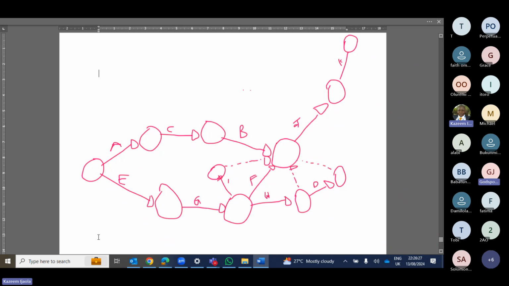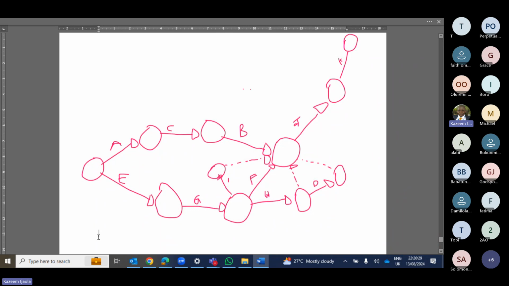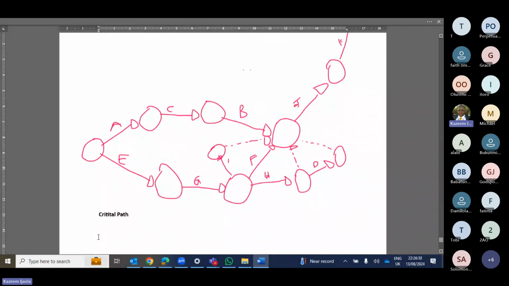Okay, to answer your question, let's do the critical paths. So, guys, what are the critical paths now? I don't want to keep you guys beyond 11, and the way we are going, we might go beyond 11. So we have A, C, B, J, K. J and K, right?